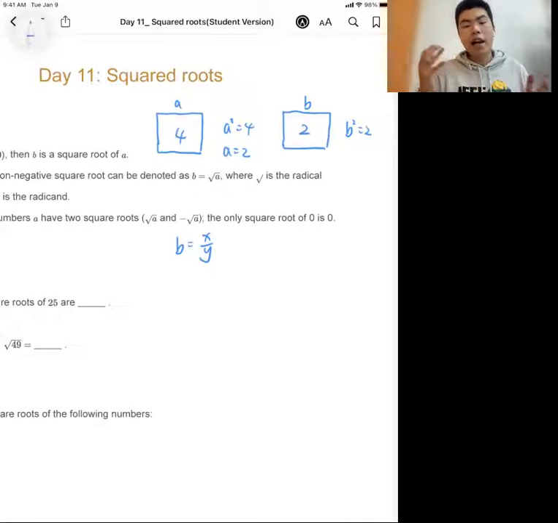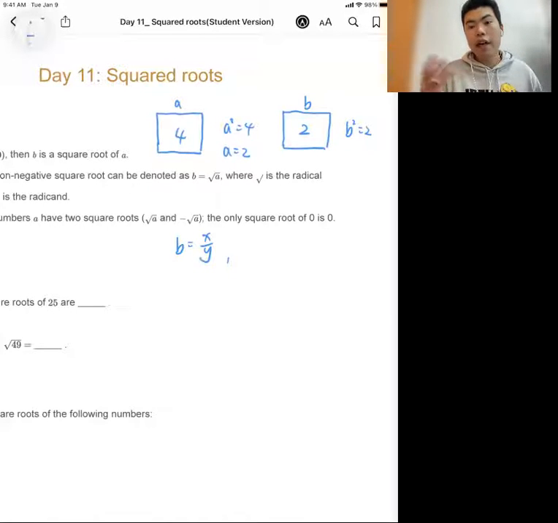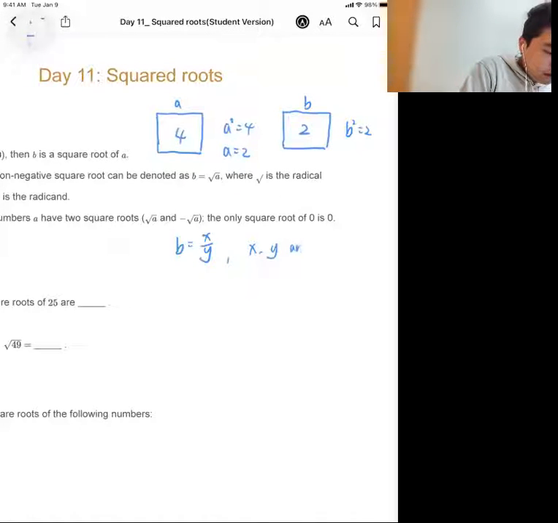And also we cannot do any simplification with this fraction, which means that x and y will be co-prime, okay? If x and y are co-prime, that means they cannot both be even numbers, because if they are, then we can further simplify this fraction.